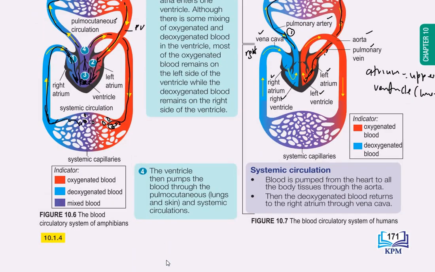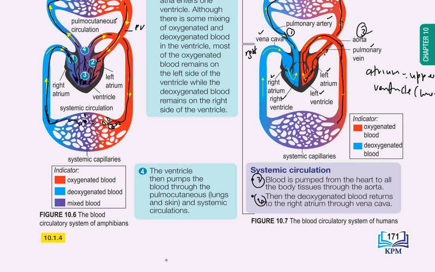See the explanation here. The blood is pumped from the heart to all the body tissues through the aorta. Here is number 3. Then number 4, the deoxygenated blood returns to the right atrium through the vena cava. So the blood will be pumped from the heart to all parts of the body through the aorta, to the systemic circulation.